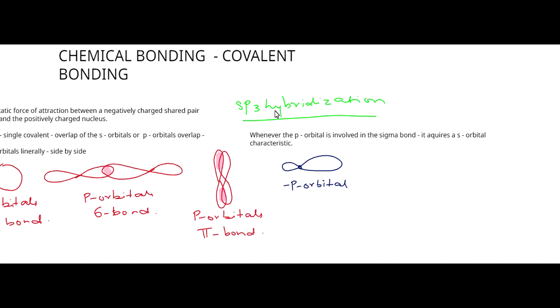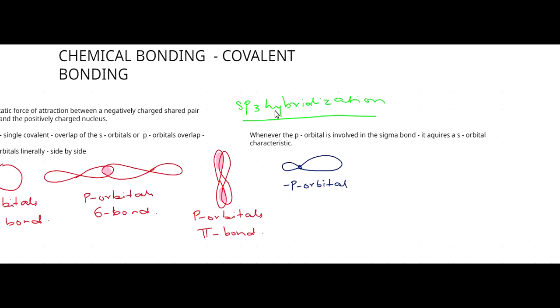One side of the p orbital has become smaller and rounder, like an s orbital. So in this particular case, one of the lobes of the p orbital becomes bigger. The other one becomes smaller, more like an s orbital.